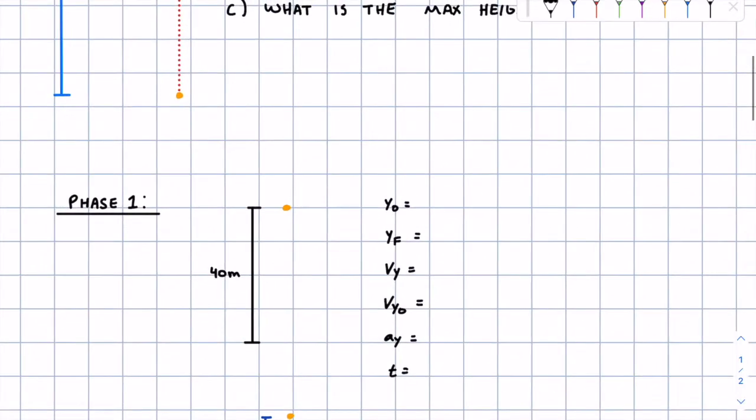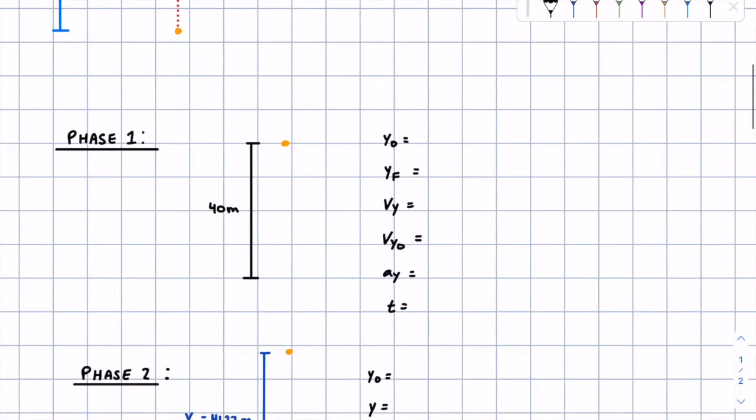So first, it's important to draw your pictures. So here we are in phase one, where the hot air balloon is going to be started right here. And at the second that he drops the bag, it's going to have a path that looks something like this, just like that.